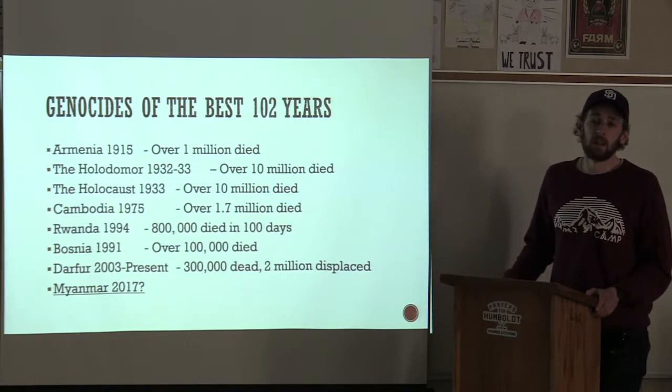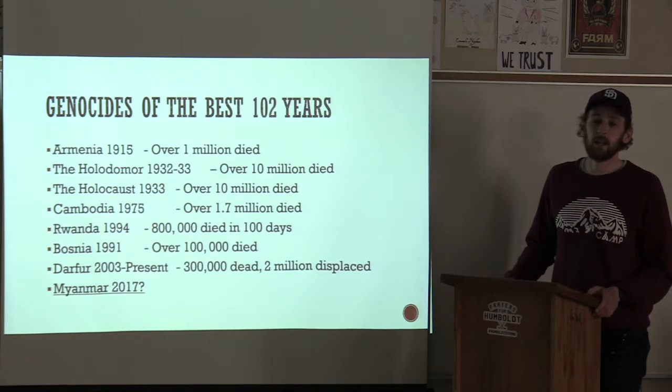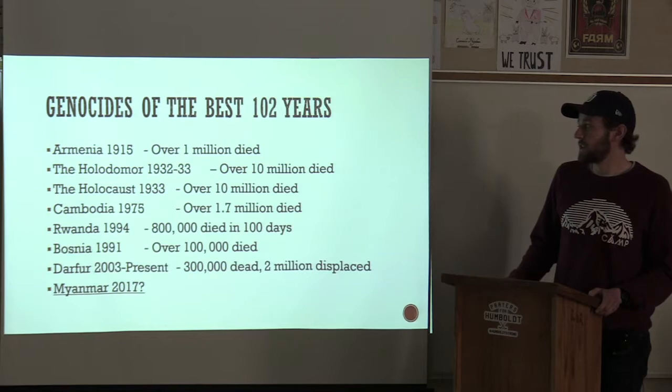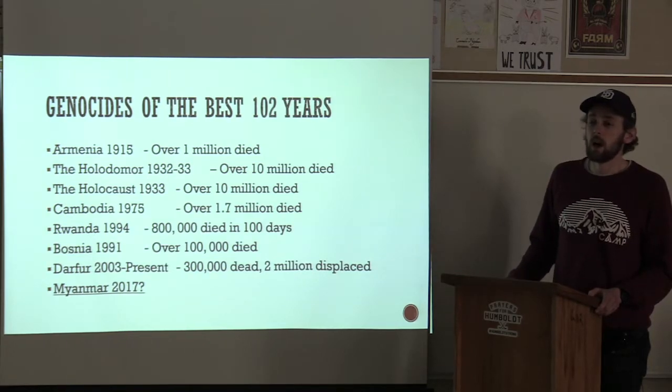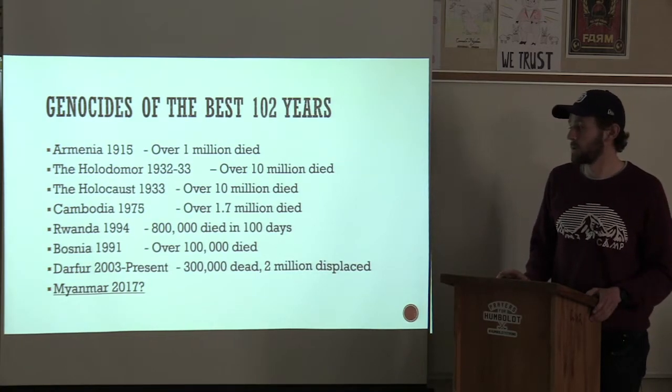And then in the last year, we've also had some early signs of a possible genocide occurring in China against their Muslim population. So lots of genocides have occurred, and that's just the last 100 years. There's other smaller ones that aren't even on this slide. So there's quite a few genocides that we've had, and some that you might not be aware of going on right now.